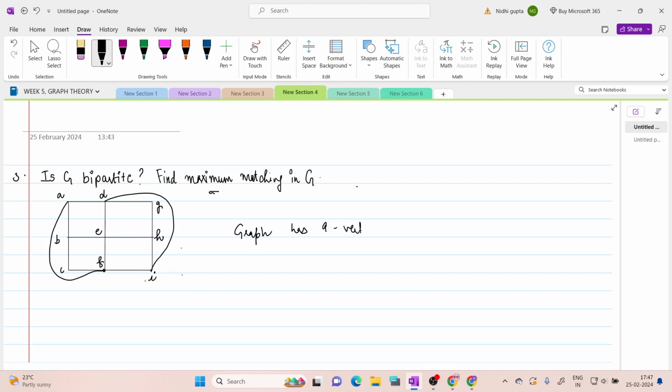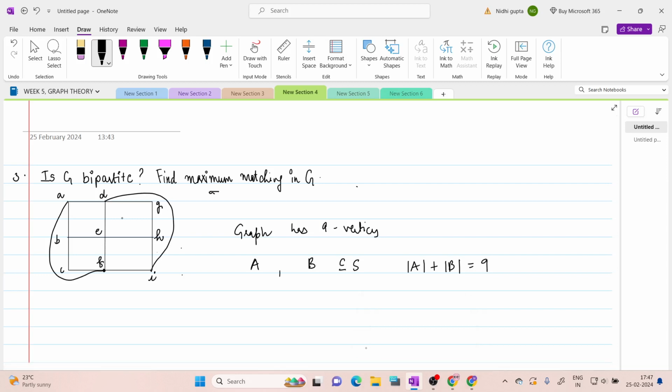If this graph is bipartite, then we should be able to find disjoint sets A and B such that order A plus order B is equal to 9.